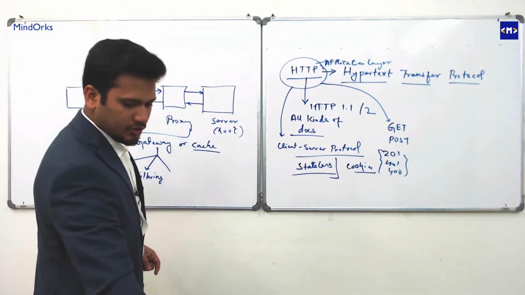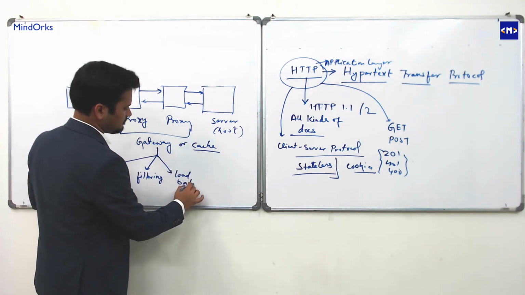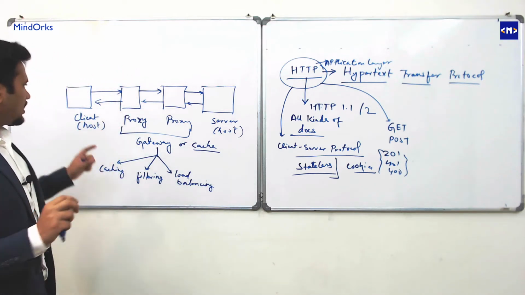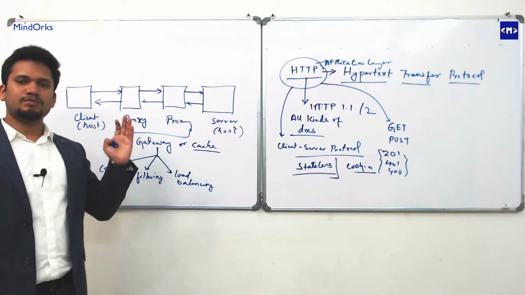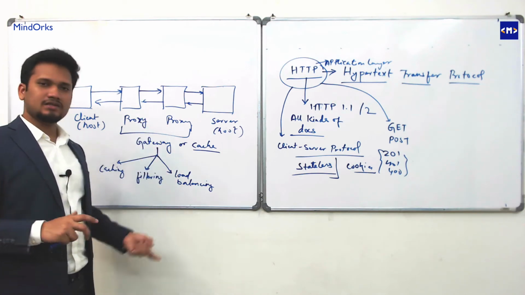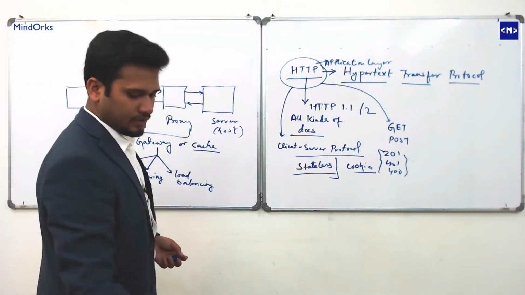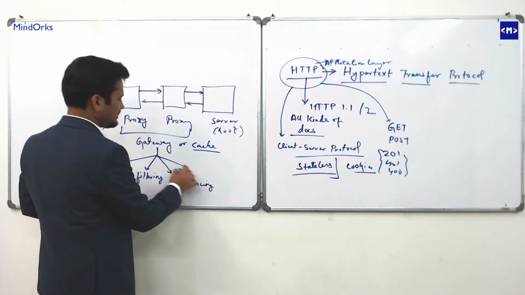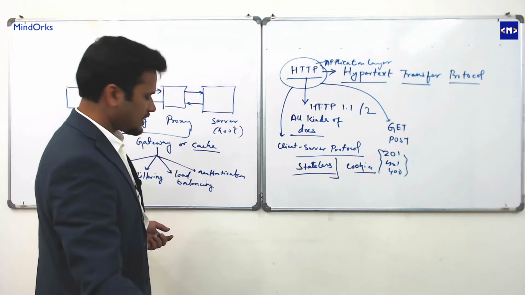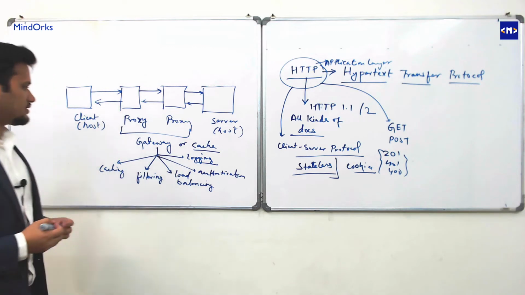And then load balancing if you are on the server side. Load balancing means that if you have 5 servers and a large amount of requests are coming in, this proxy server will act as a load balancer to route that request to the server which can process it. It can be for authentication, or it can also be for logging, where requests are coming from and what responses are being given.